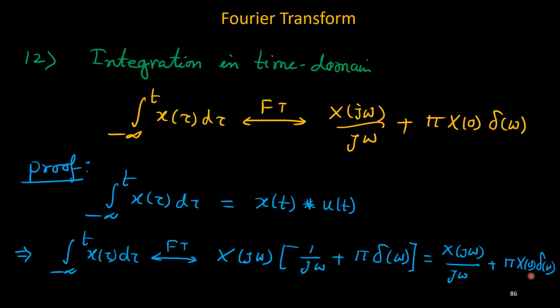So pi X of 0 delta omega is sufficient. This part will be there if X of 0 is non-zero. X of 0 implies the DC value, omega equal to 0. So if the signal has a DC value, then only this integration will have a DC component. Otherwise this part is absent; you can ignore it.